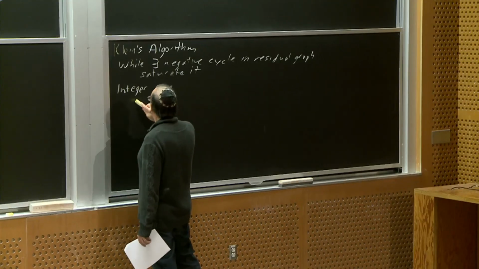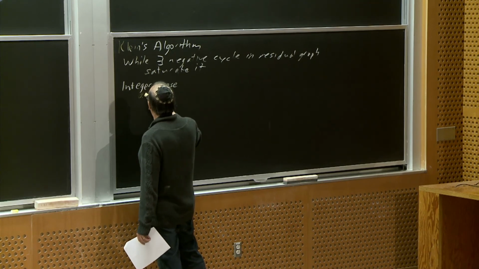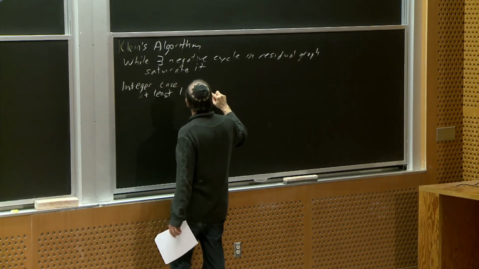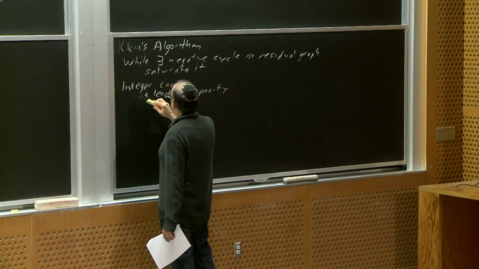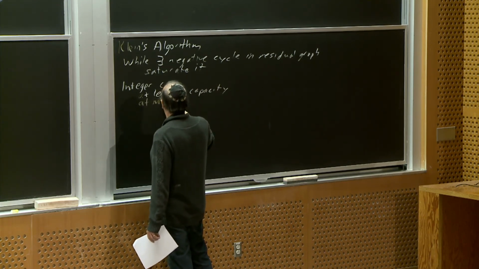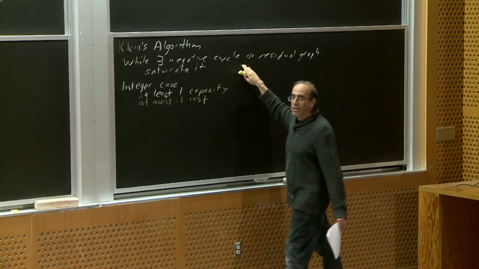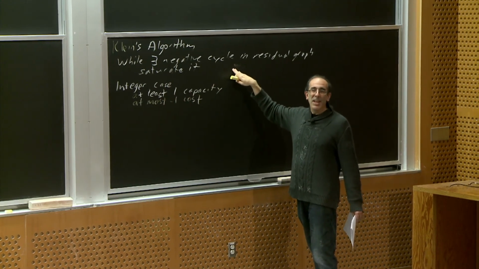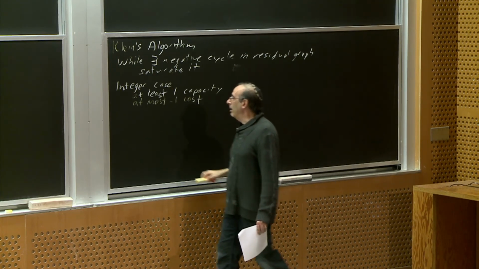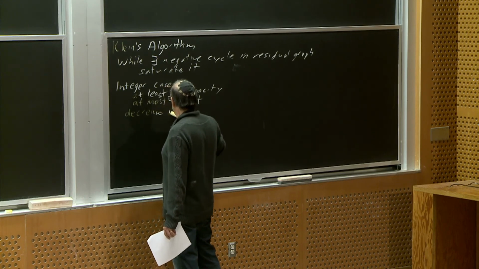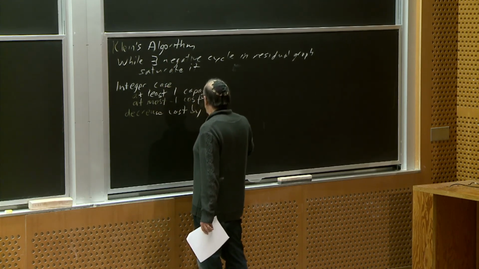Exactly, right? We are sending at least 1 unit of capacity, right? Through, at most, -1 cost, because the costs of cycles are integers and it's negative, so it's at most -1. So we decrease the cost by 1.